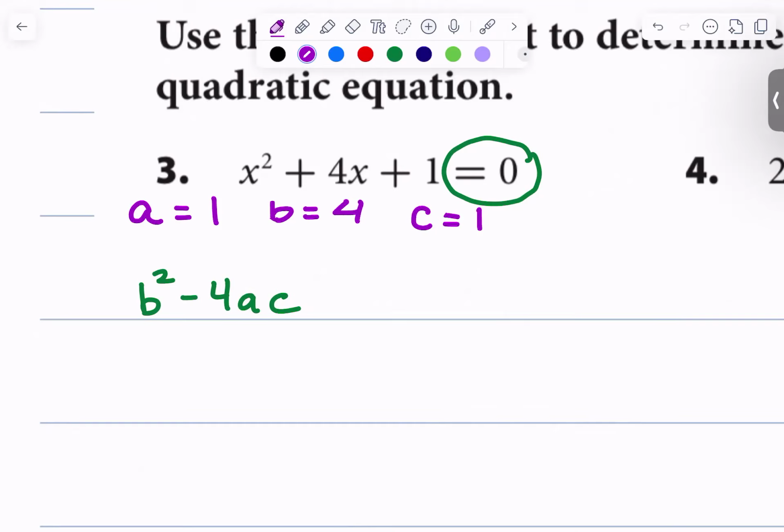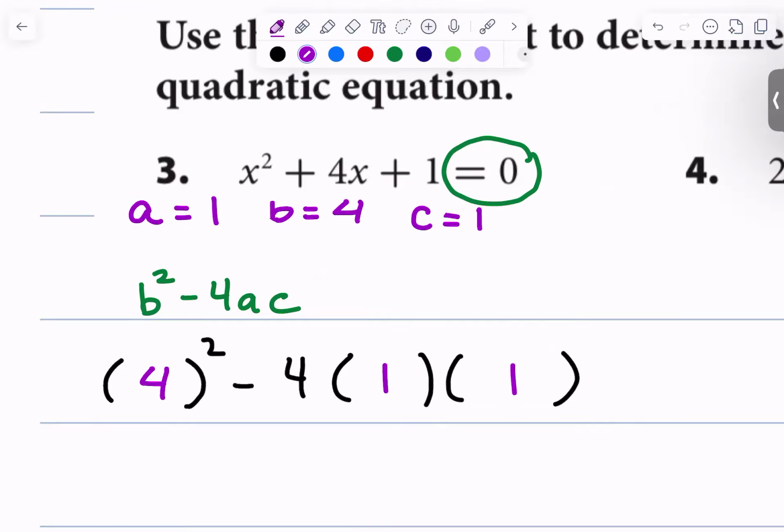So if you look at this, b squared minus 4ac, my b value is 4, so 4 squared minus 4 times 1 times 1, right? A and c are both 1 in this case.